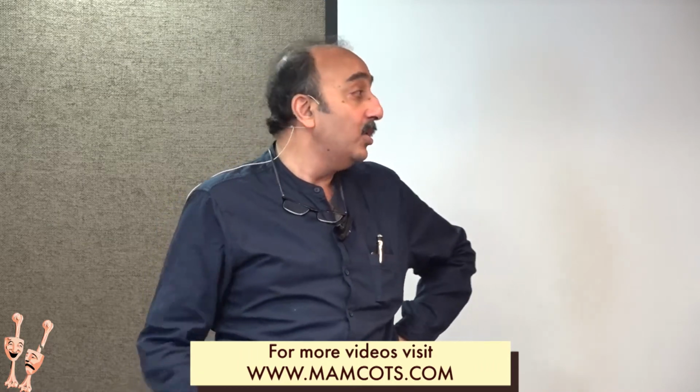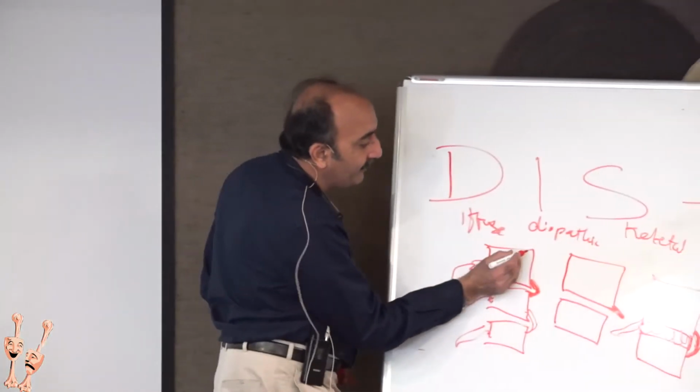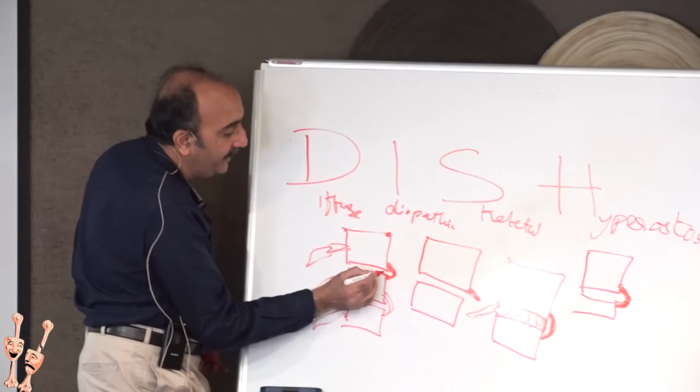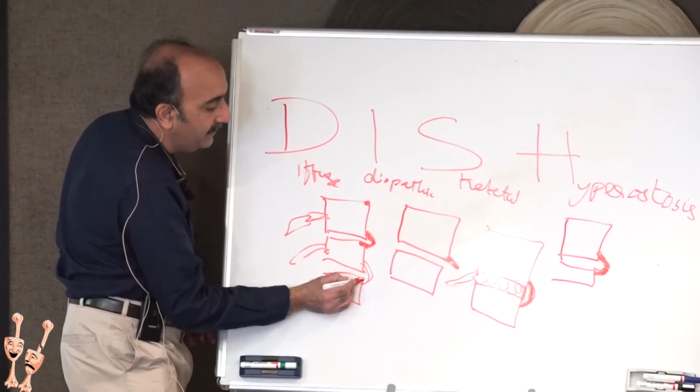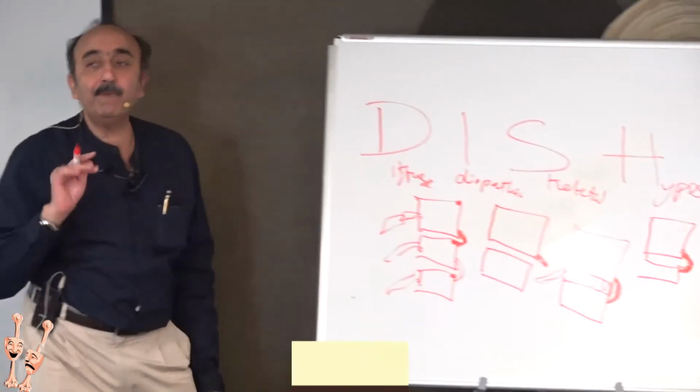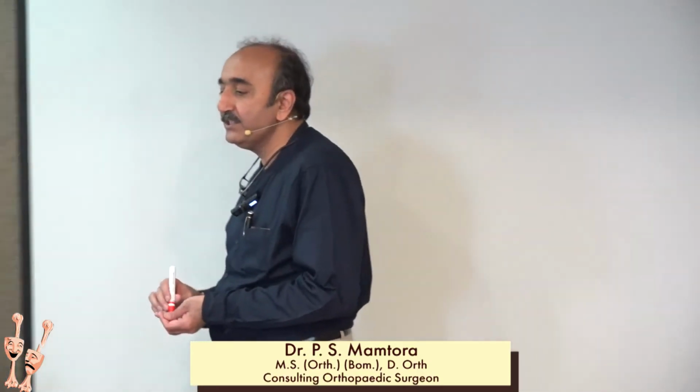On the SI joint or the entire spine, you can find a shiny corner sign. Shiny corners are when you have the whole vertebrae, one corner on each side will be shiny. They will be bright on T2. That's known as shiny corner sign.